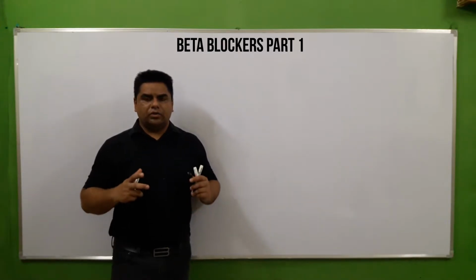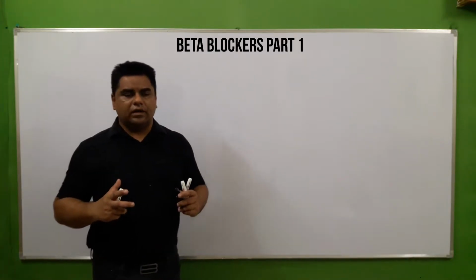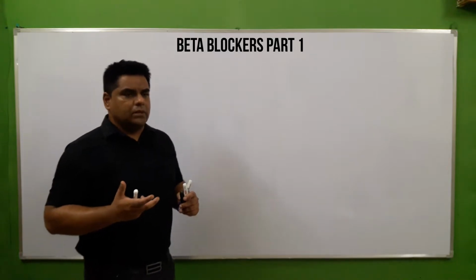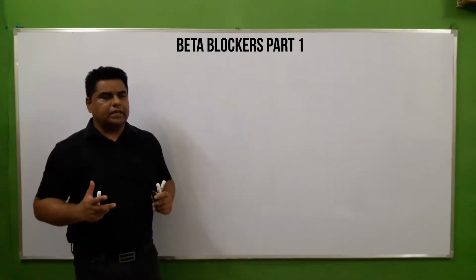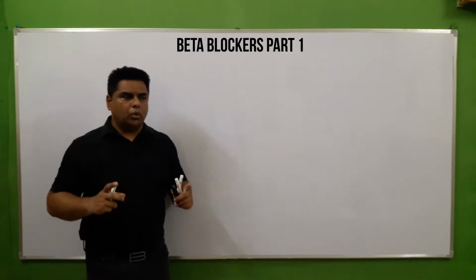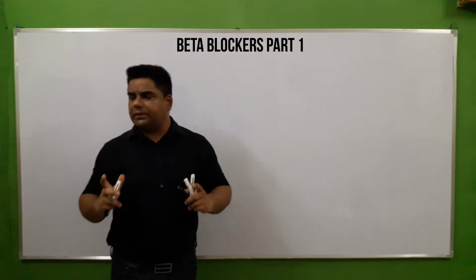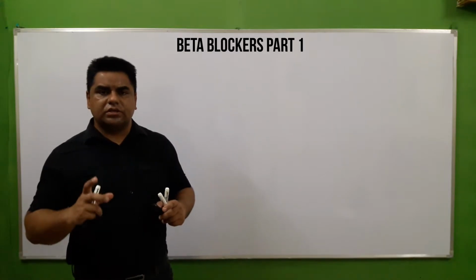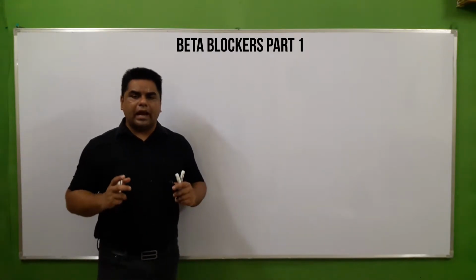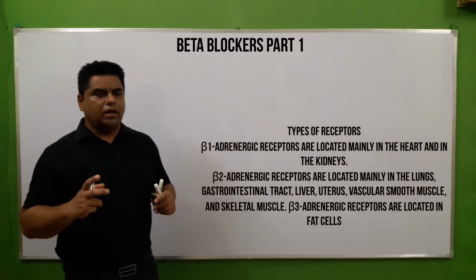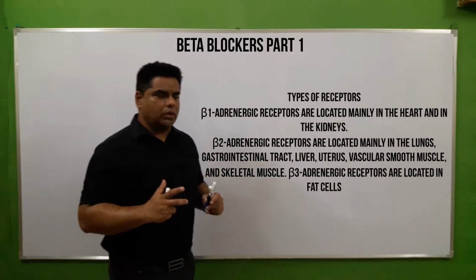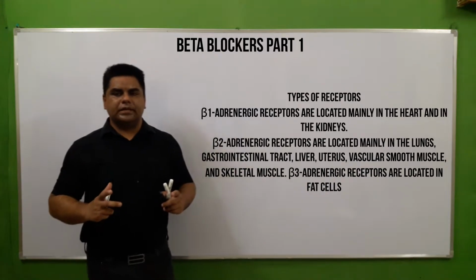What do you understand by beta receptors? Many students get confused with beta 1, beta 2 and beta 3 receptors. So you must note in your notebook and diary that first of all we will discuss beta 1 receptors.